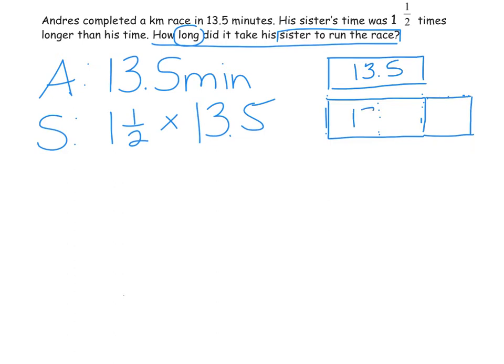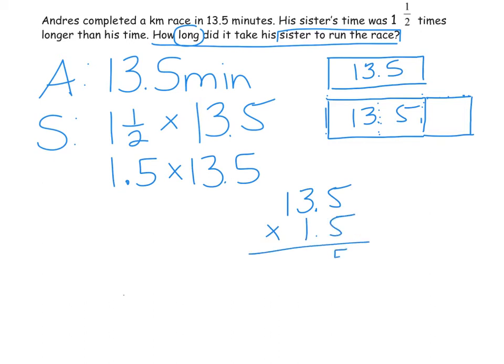So 13.5, and I've got to figure out what that other section is. So let's do the multiplication, but I'm going to rewrite it as a decimal. 1.5 times 13.5, or 1 and 5/10 times 13 and 5/10. All right, let's do our multiplication.